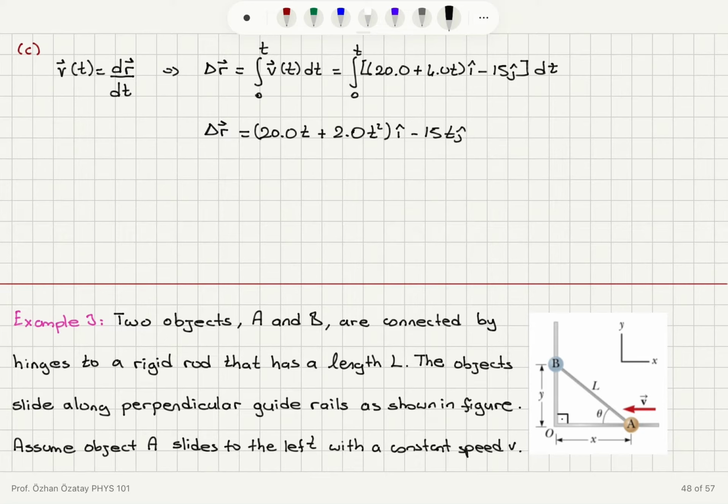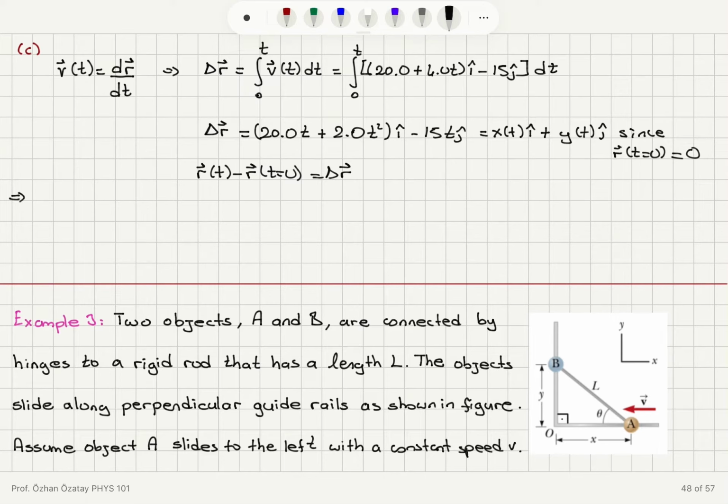So this is basically x of t i hat plus y of t j hat, since the position at t equals 0 is 0. Because delta r vector is equal to r at time t minus r at t equals 0, and r at t equals 0 is 0. We start from the origin.